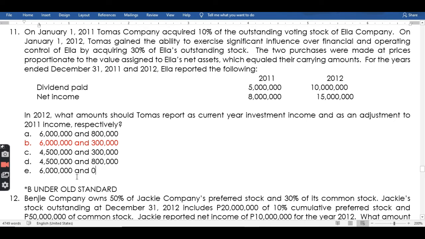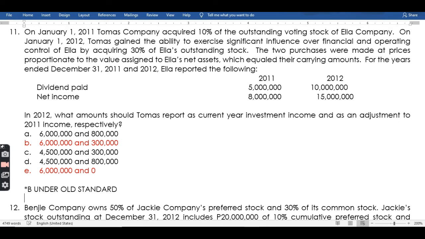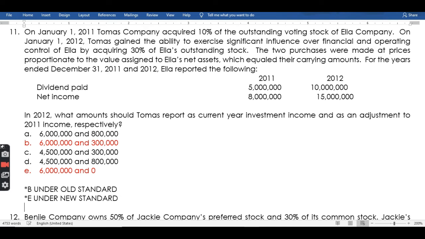Okay. This is going to be our answer dahil sa bagong standard. Okay. So letter E under new standard. So lagyan ko na lang siya ng additional na note din.